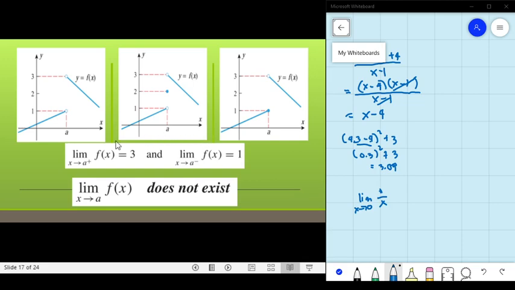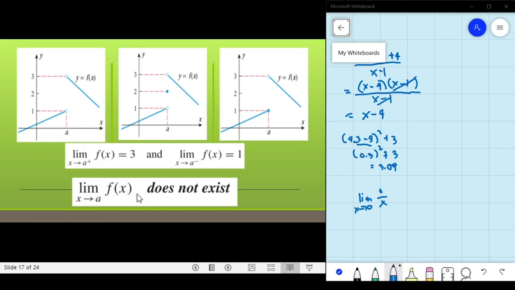Here, even if there is a hole, they do not arrive at the same point from the right and from the left of a; they do not have the same y value. So the limit of f of x as x approaches a from the right is equal to 3, and from the left it is 1.